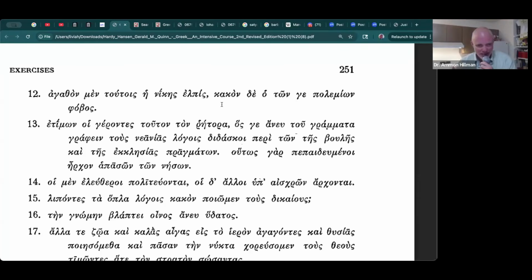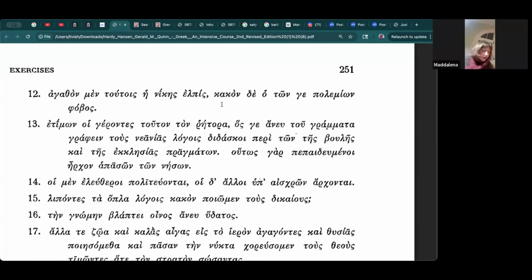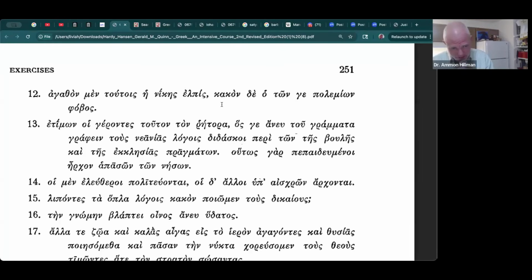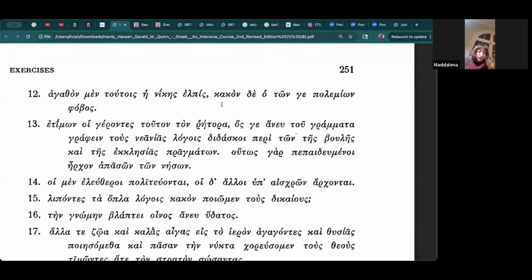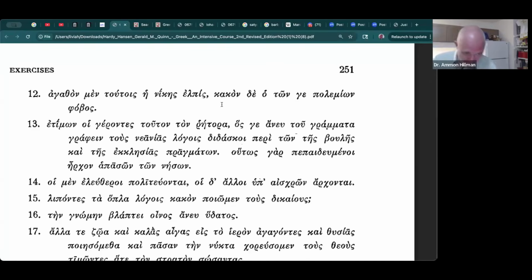Wait a minute. Is there something goofy going on here? Yes, there is. Keep going and I'll stop it. Two choices. I thought two choice was the pronoun, right? Yes, it is. It's just sitting there in the dative. Two or four or with.